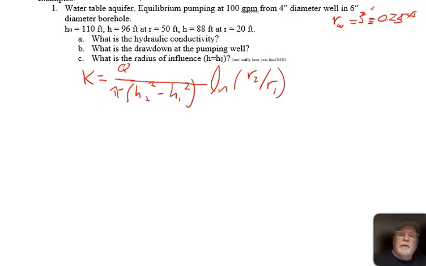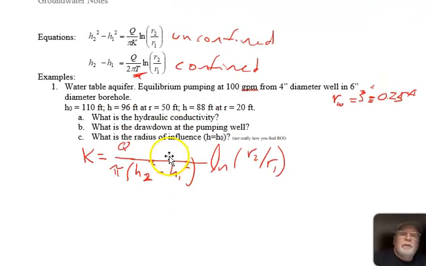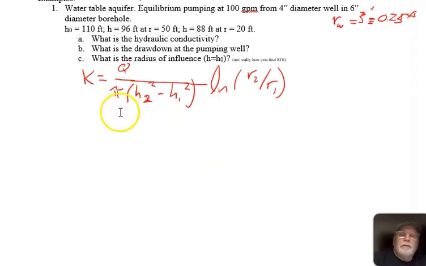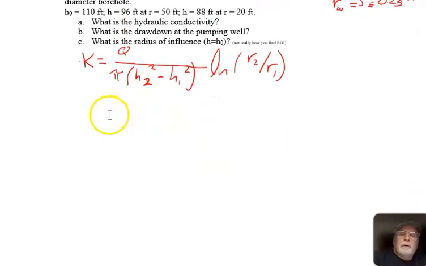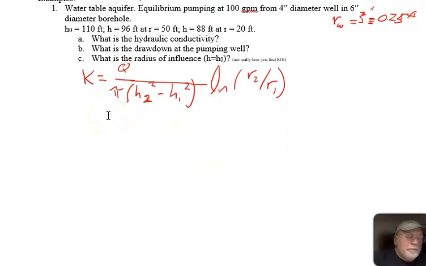And like I keep saying, it doesn't really matter which one you call 1 and which one you call 2, as long as you line up H2 here with R2 there. Notice also in the equation, the confined case has a 2 in it. The unconfined case does not have a 2 in there. All right, so I'll plug my numbers in here, and we get Q is 100 gallons per minute. Do a unit conversion on there.